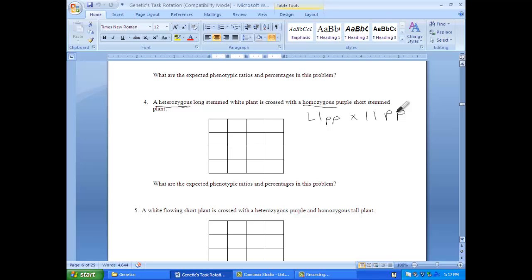Now it's just like the problems up above. We need to do the FOIL method in order to figure out what the gametes are going to be. So first L, first P: big L, small p. Outer L, outer P: again, big L, small p.